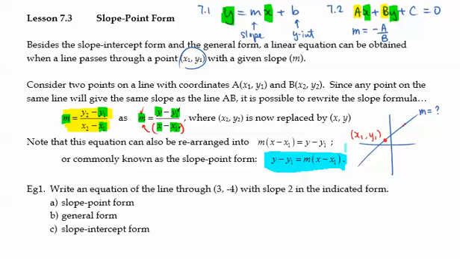So every time when you are given the slope at a point, you can use the slope point form to write the equation. You don't have to start with your slope-intercept form. You can start with the slope point form. It depends on whether they give us the y-intercept or they give us a point. If they give us a point and a slope, we will use this equation to start our work.